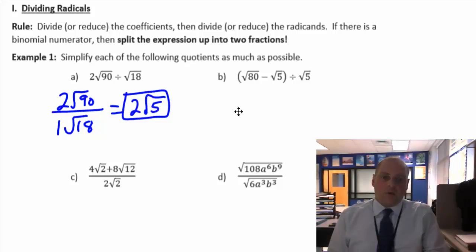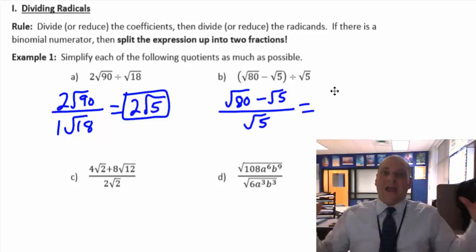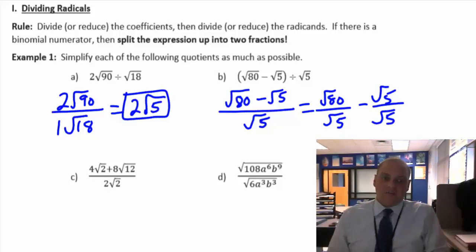Now, when you have a binomial, radical 80 minus radical 5 over radical 5, you just have to realize that the radical 5 divides into both of these. So this can be written kind of like doing a subtraction problem backwards, okay? This can be written as radical 80 over radical 5 minus radical 5 over radical 5.